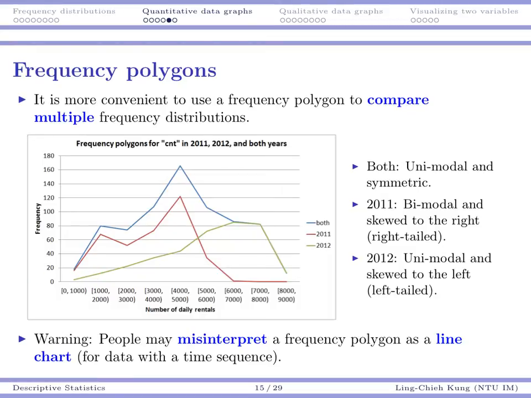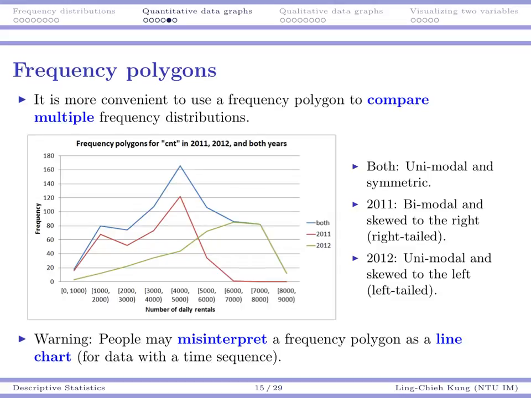So the skewness or symmetry are important when you want to describe a distribution. And how many modes you have is also another important thing to know. Okay, so all of them can be visualized with a histogram or with frequency polygons.